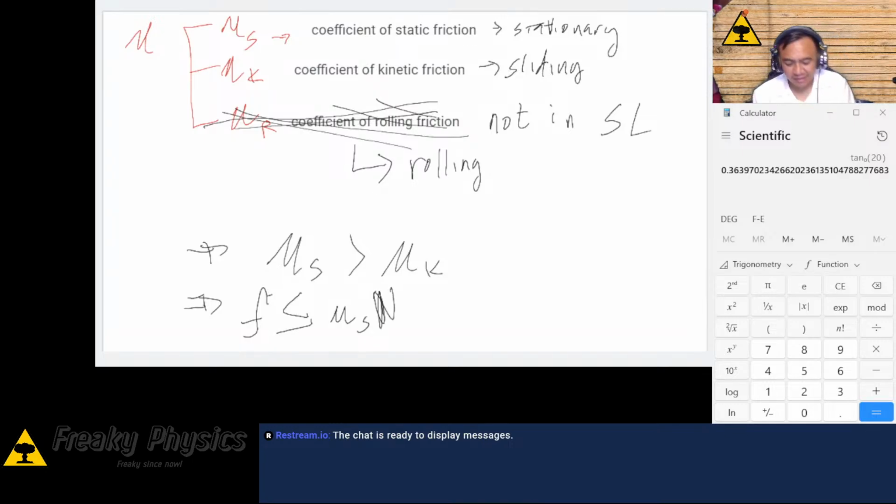This means that for an object that is still, stationary and not sliding, the maximum value you can get for friction is mu s times n. You can have smaller values than that, and that's acceptable.